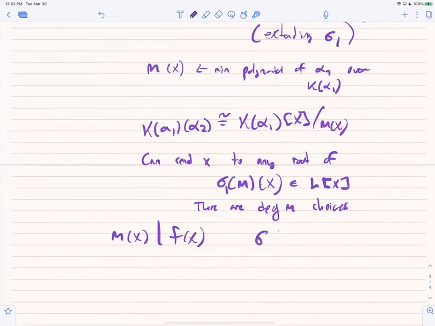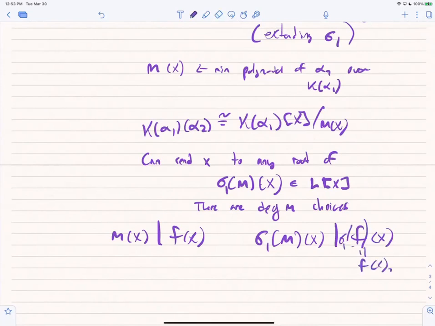So that means sigma 1 of M of x also divides sigma 1 of F of x, which is equal to F of x. Because F has coefficients in K, it's preserved by sigma 1.